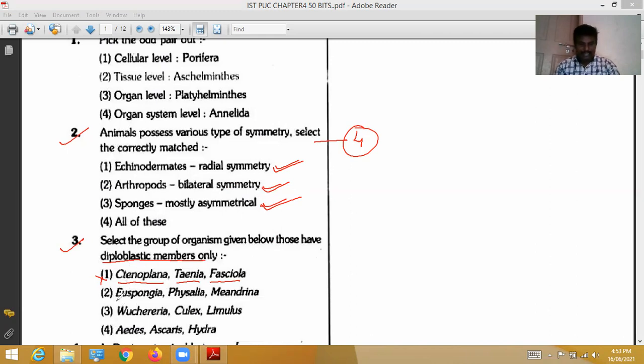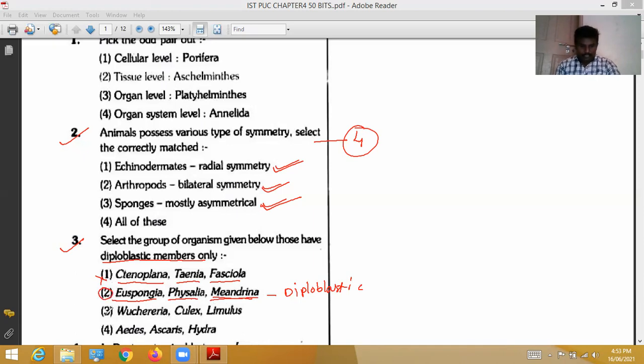Let's see the second. Euspongia belongs to the phylum Porifera. Physalia, Cnidaria. Meandrina. Generally, these 3 organisms show diploblastic organization, so it is correct.